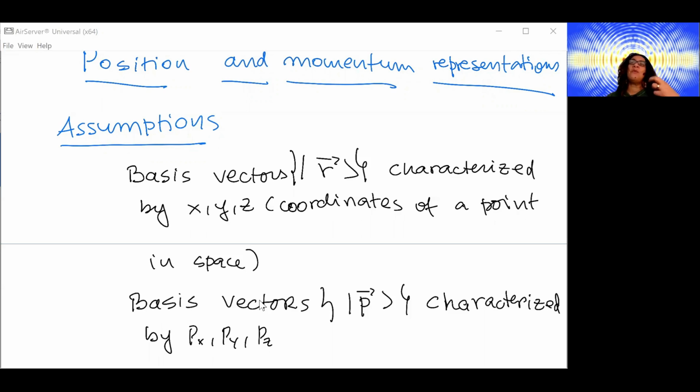Remember that we had this omega nu or omega alpha. And here, if you consider the coordinates x, y, z, you see that they are changing continuously because they are giving you the coordinate of a point in space. And you can apply the same definition for basis vectors in the momentum space, these basis vectors p, which are characterized by px, py, and pz, meaning their coordinates in momentum space, which also vary continuously.